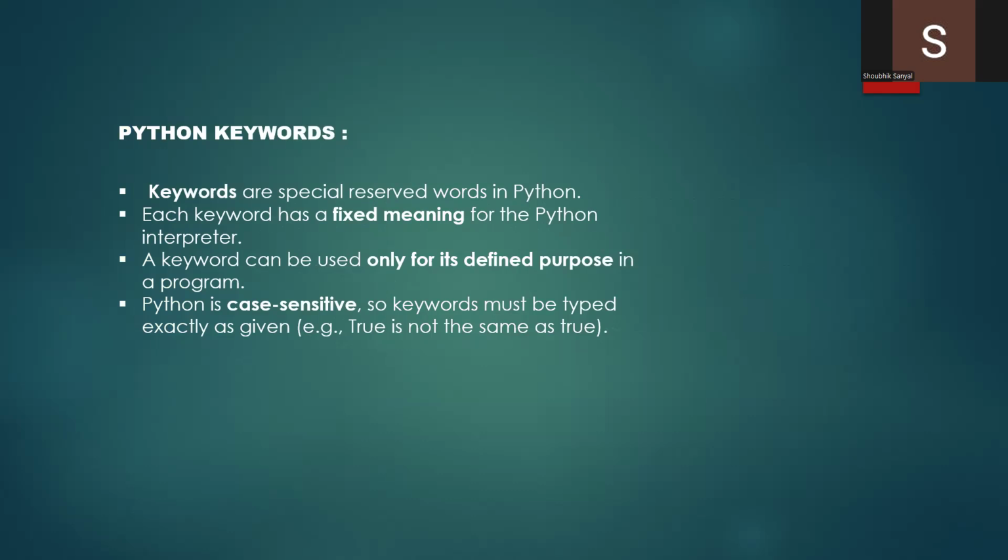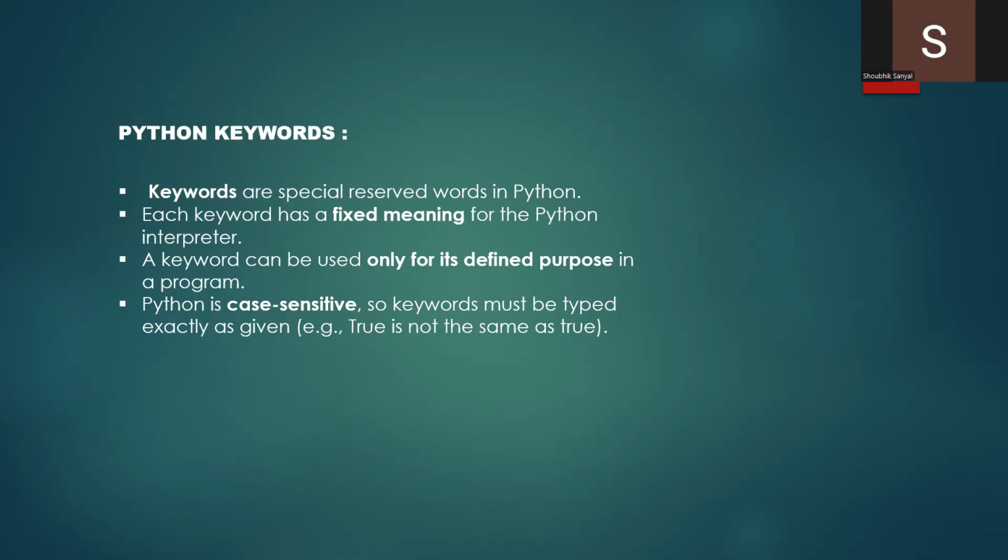That means we cannot use a keyword as per our own choice. We have to use the keywords as they have been defined in Python's library. So keywords can be used only for their defined purpose in a program. We cannot use a keyword for our own purpose.